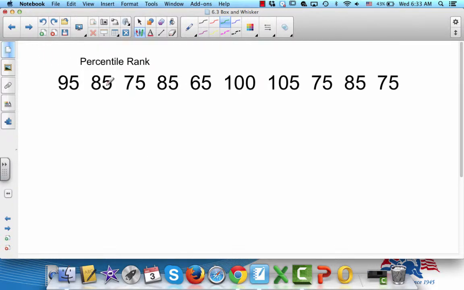All right, now one last thing that you got to learn in this section, and that's percentile rank. What you do to be able to find that out is it's always good to put these in order. So let's go ahead and do that again. 65 is the lowest. Then we've got 75, 75, 75.